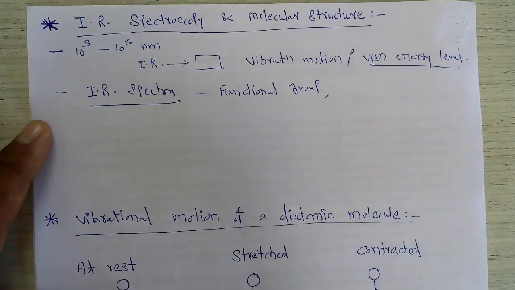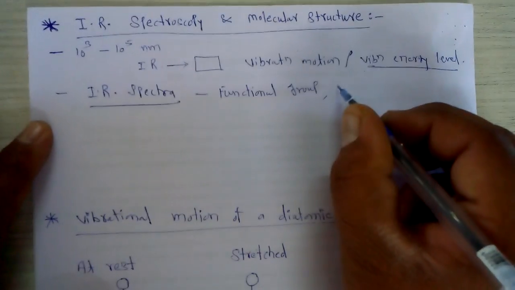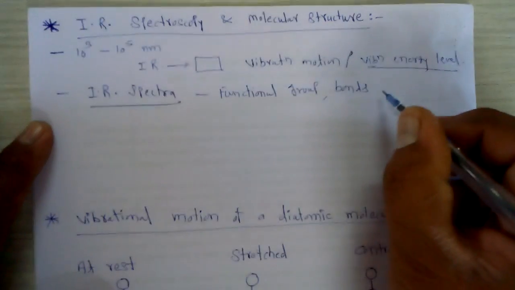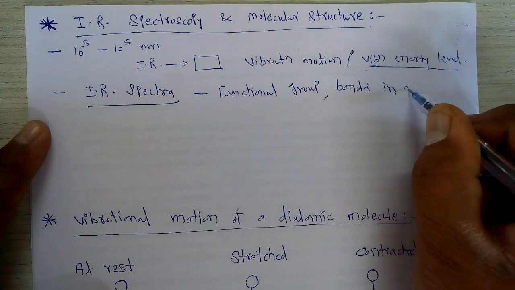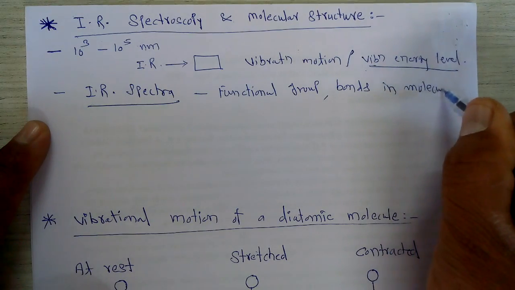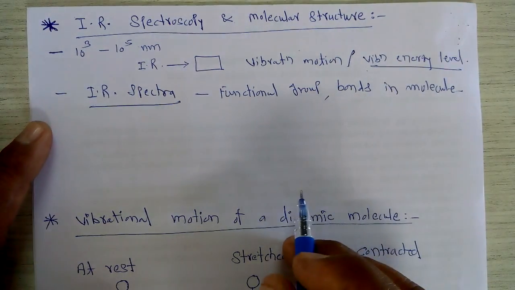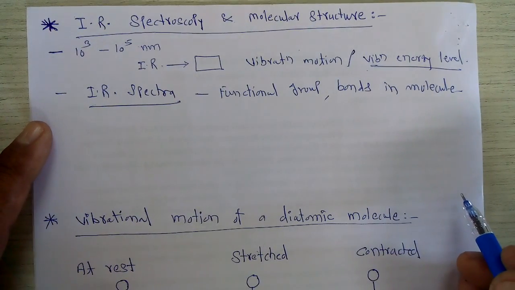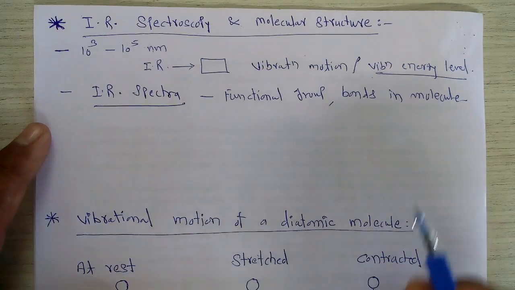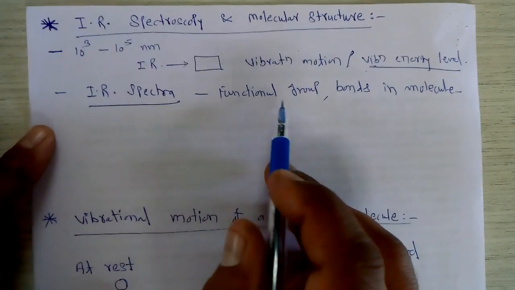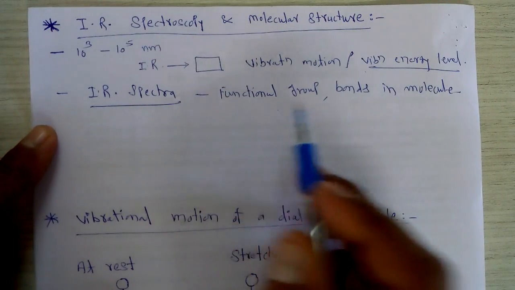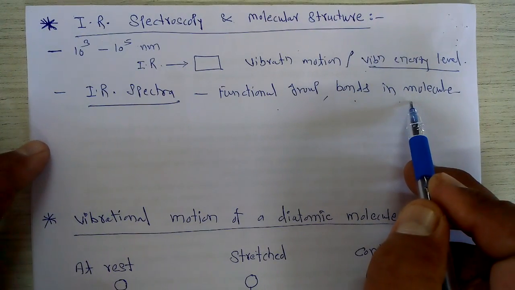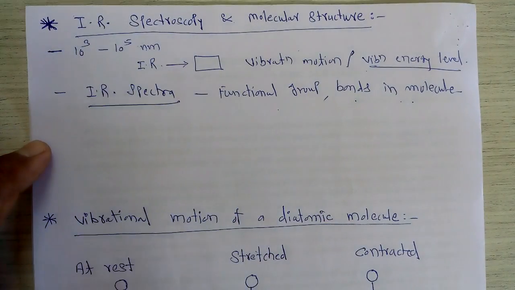The second thing is what bonds are present in the molecule. So we get these two important pieces of information from the IR spectrum: first, the functional group present in the molecule, and second, the bonds present in the molecule.